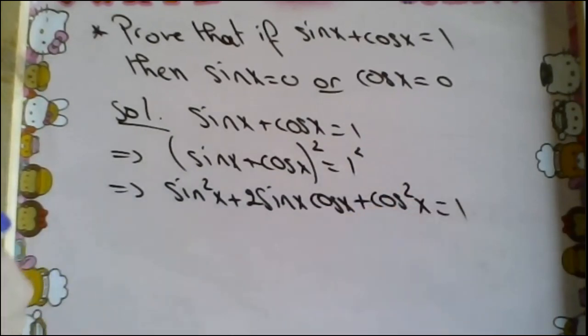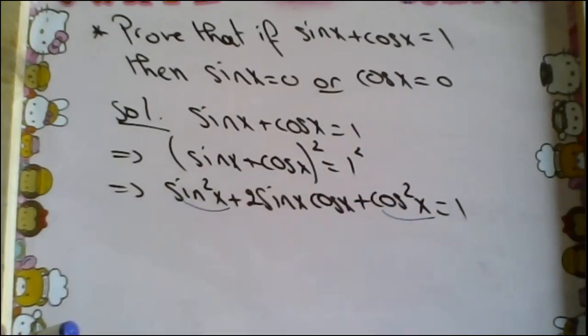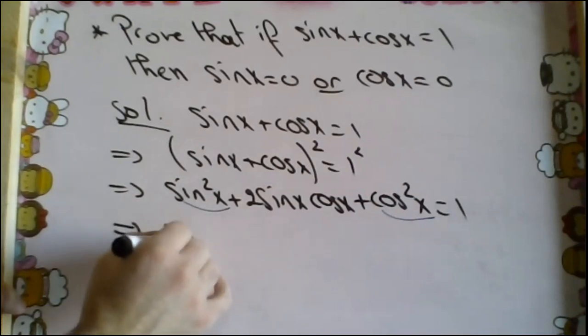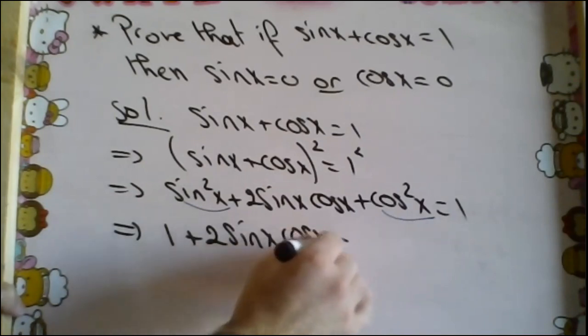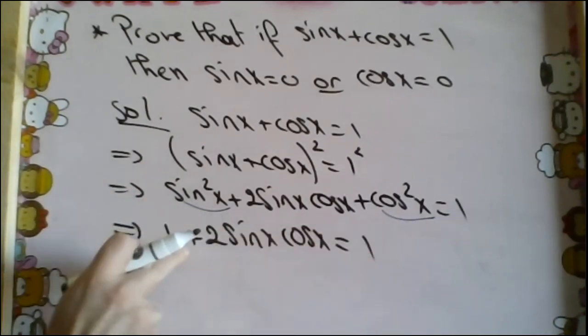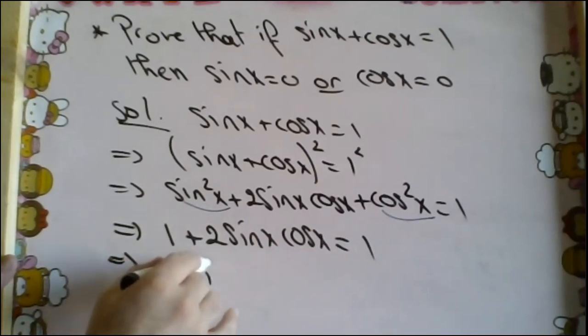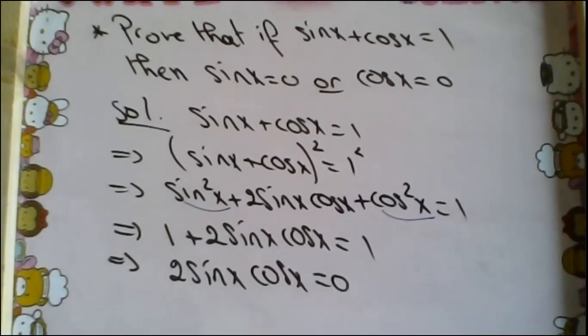But sine squared x plus cosine squared x is 1. So 1 plus 2 sine x cosine x is equal to 1. Move 1 to the right side. It means that 2 sine x cosine x is equal to 0.